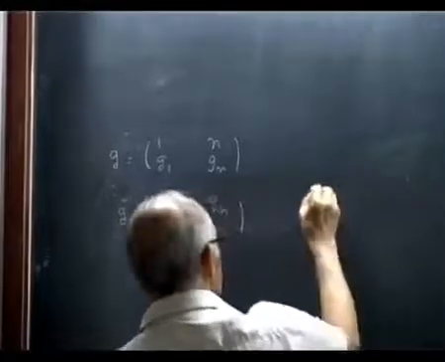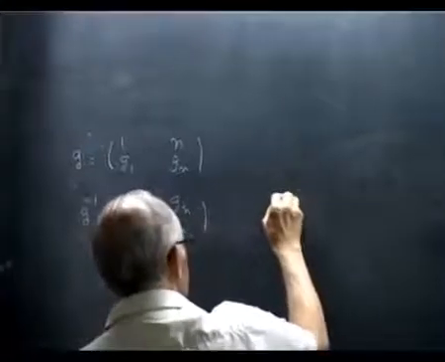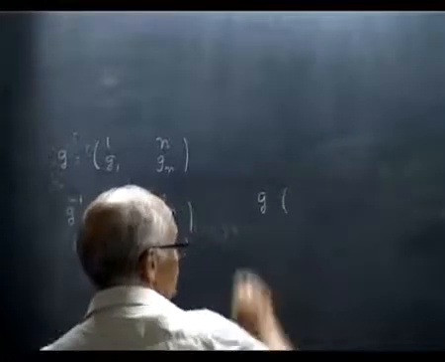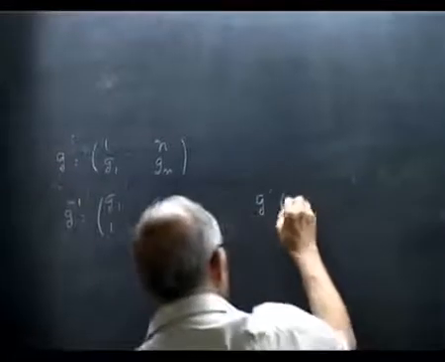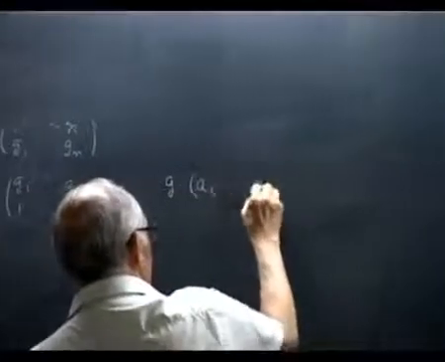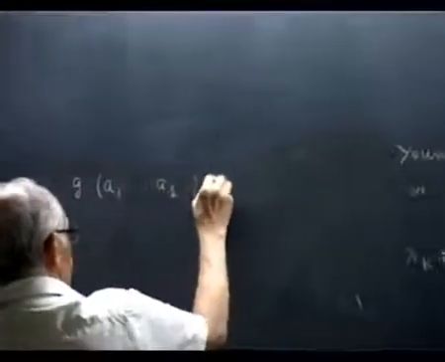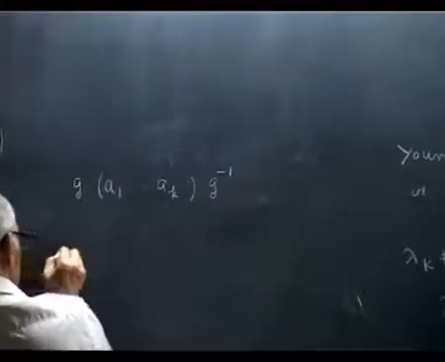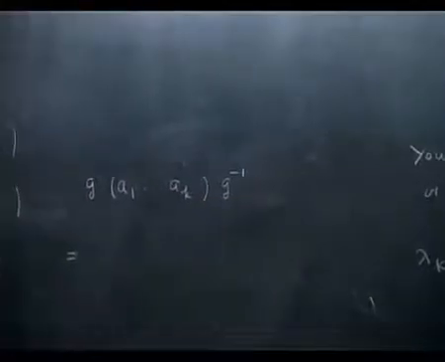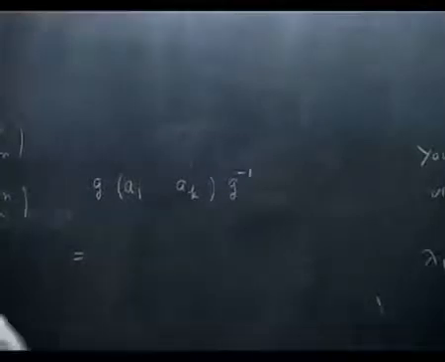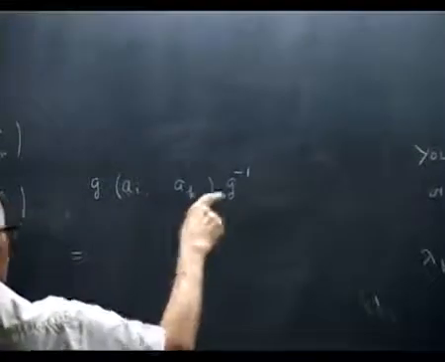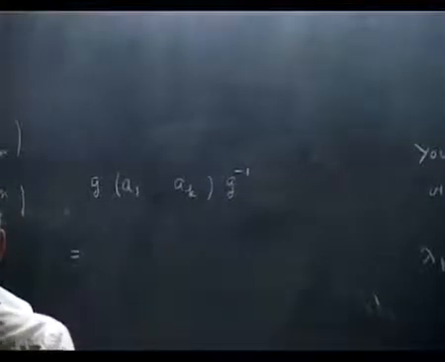Now I want to consider g, and I take a cycle, I will use the same notation as here, a1 up to ak. Let me look at g inverse. I want to show that this is also a cycle.